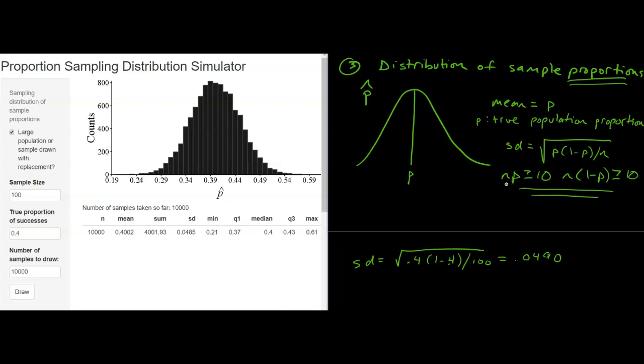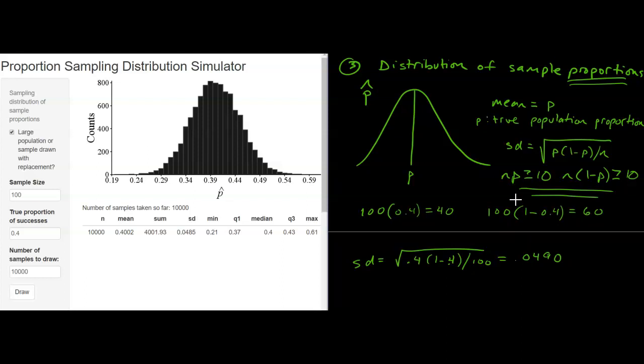In fact, if we take n, which is 100, and we multiply it by p of 0.4, that is equal to 40, which is clearly greater than 10. And if you did 100 multiplied by 1 minus 0.4, that's equal to 100 times 0.6, which is 60, and that's greater than or equal to 10. And so that's not a big surprise, like I said, because we have a normal-like distribution.